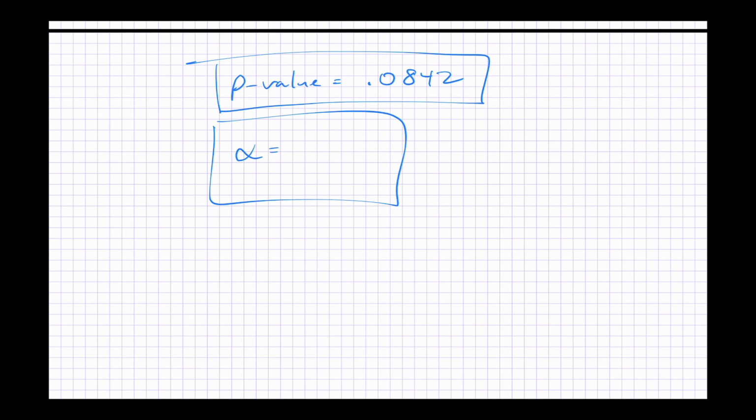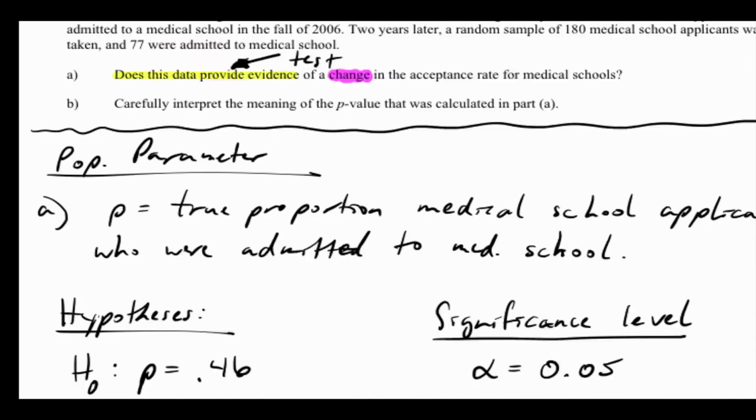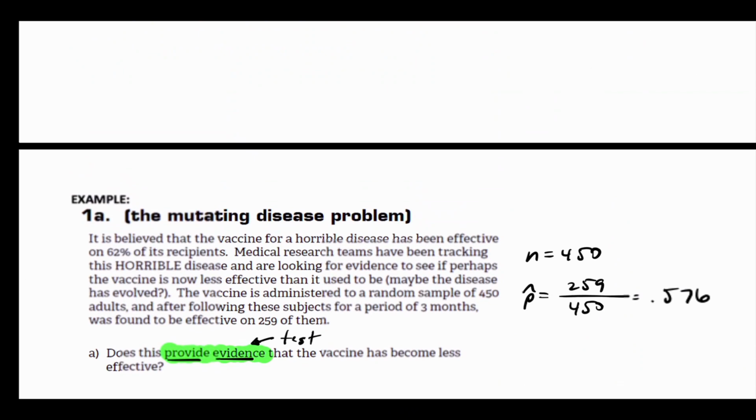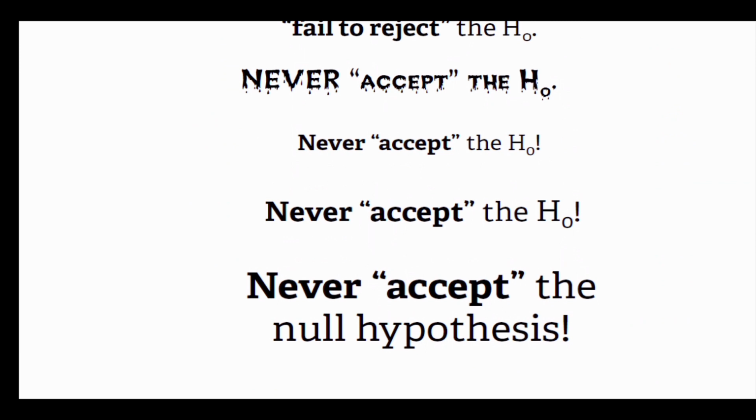I'm not sure, but I just don't have enough evidence to say that. We never say they're right. Yes, great point. We never, ever, ever accept. Accepting means you're right. We never say that the null hypothesis, that their claim, is correct. We either say we reject or we fail to reject.